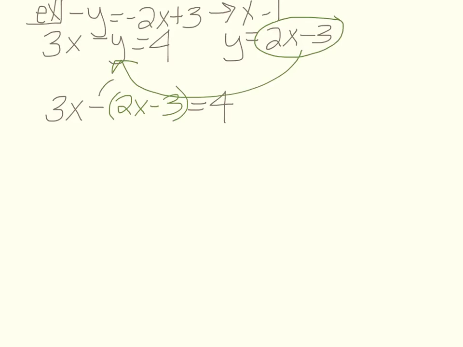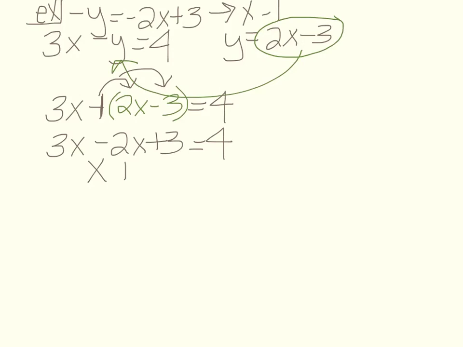Be careful with this negative sign. If you need to, you can draw on a 1 here to know that it's like a negative 1 being multiplied by both. So really this is 3x minus 2x, and negative 1 times negative 3 is a positive 3, equal to 4. If I combine like terms on the left-hand side, I get x plus 3 equals 4. So when I subtract 3 from both sides, I see that x has to be 1.